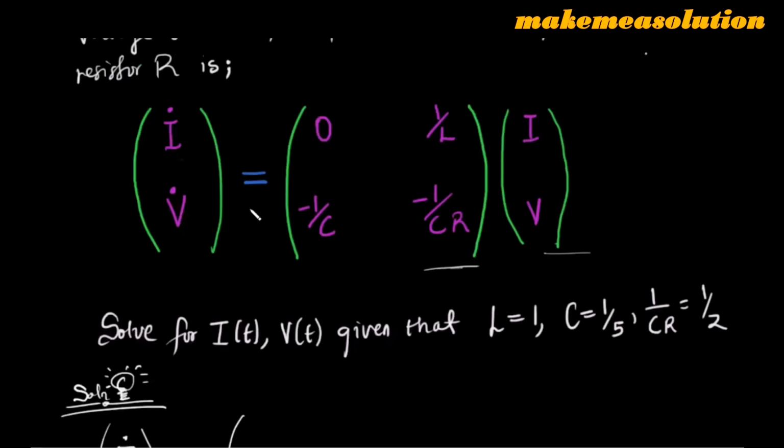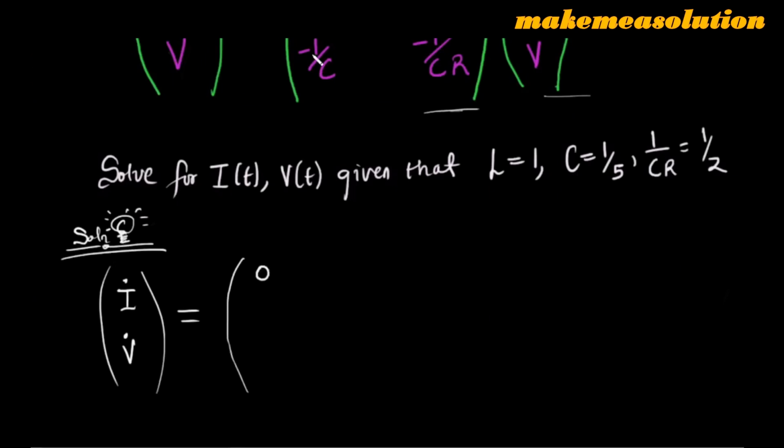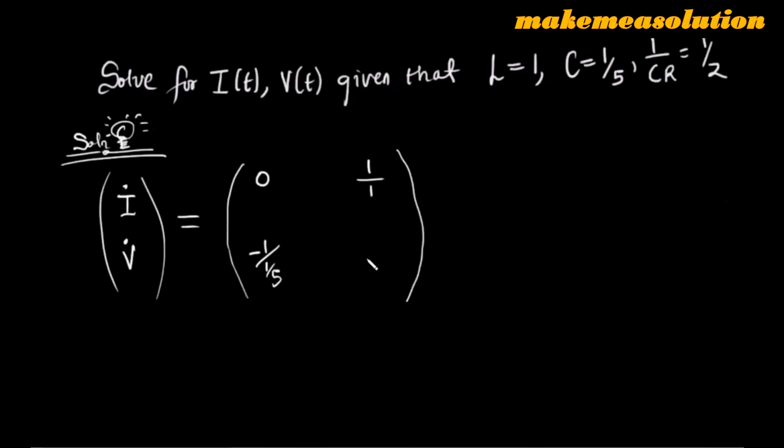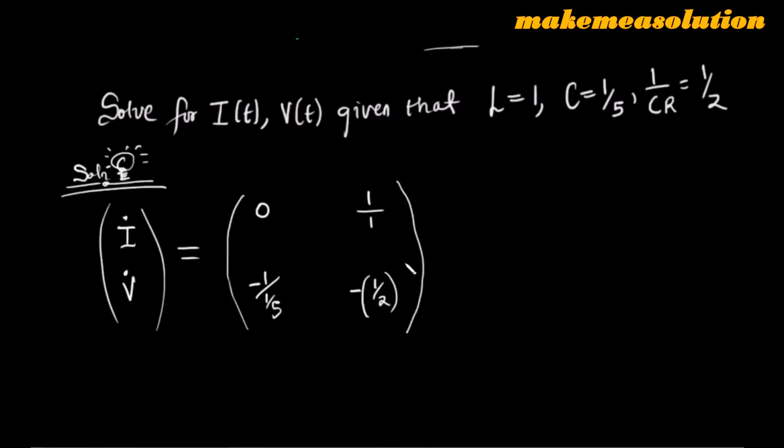So we have I dot, v dot, will now be equal to, substituting, we'll have 0, then minus 1 over C, so minus 1 all over 1 over 5, and you now have 1 over L, that's 1 over 1, and you now have minus 1 over CR, that's minus 1 over 2, since CR is 1 over 2 itself, then you will have I, v like this. So our aim is to solve for what? I of t and v of t.